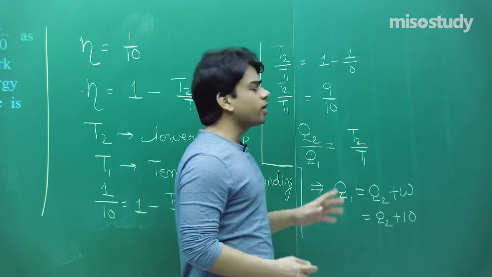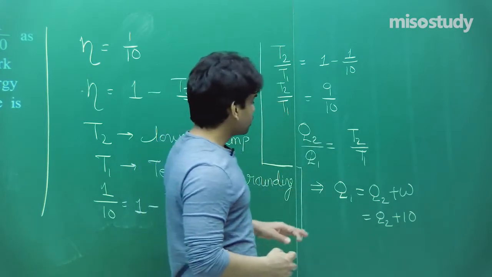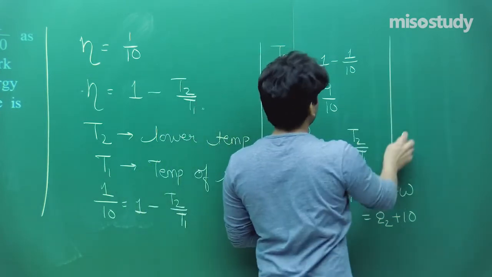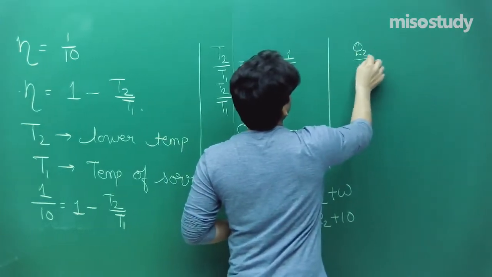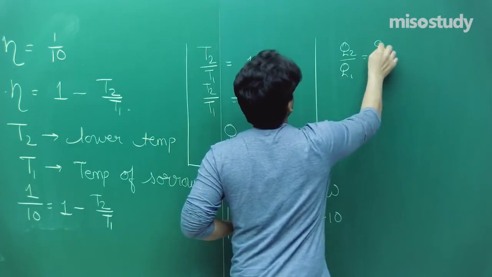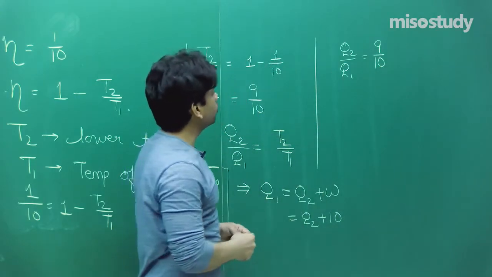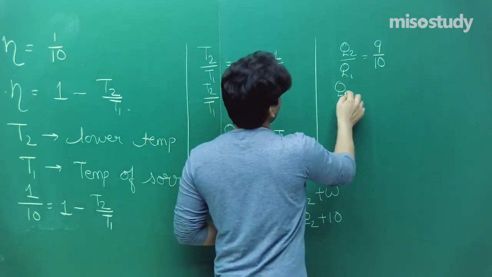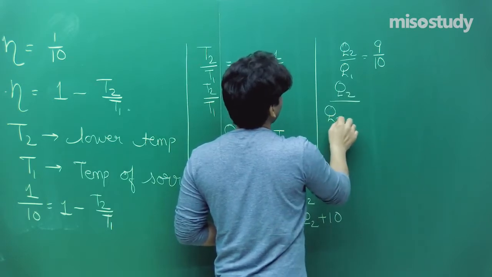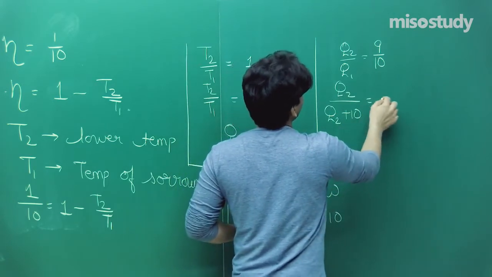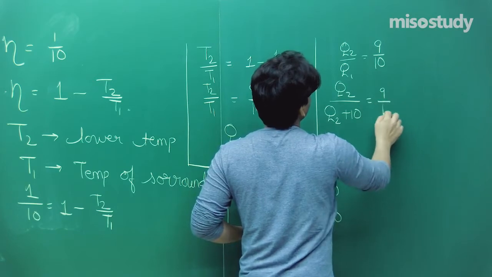Now T2 by T1 we have already evaluated, that is 9 by 10. So you substitute Q2 by Q1 is equal to 9 by 10. From here you substitute the value of Q1 as Q2 plus 10. So you will get Q2 upon Q2 plus 10 is equal to 9 by 10.